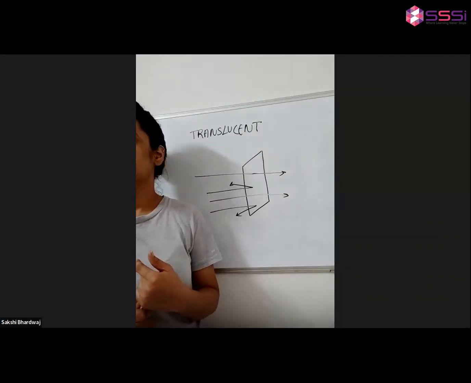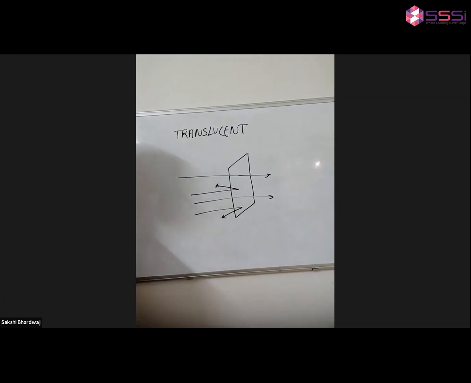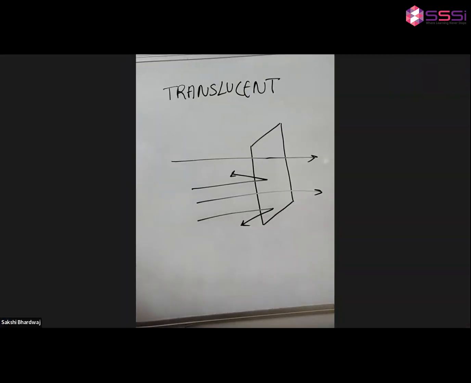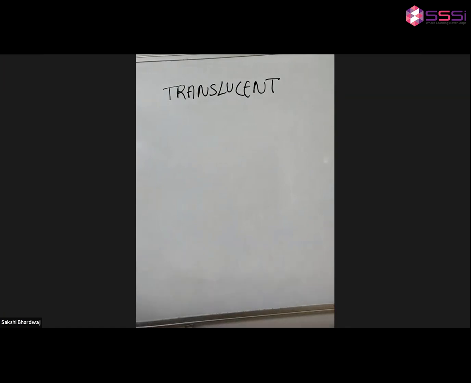You can write: an object which allows partial passage of light, partially, not completely, is called a translucent object.